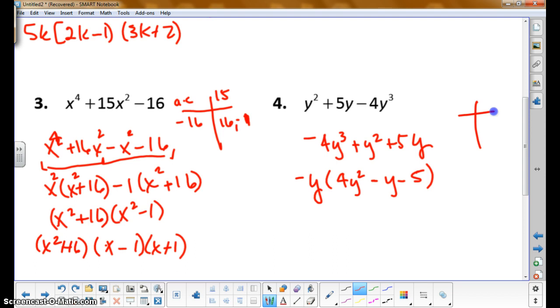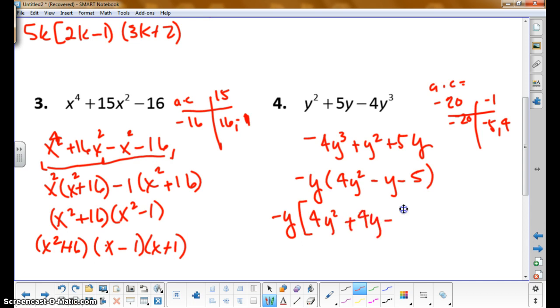So we do AC factoring again. And that's a -20 as A times C, and a -1. So I bet you that's going to give a -5 and a +4 as our factoring. The negative y, our GCF, is going to write 4y squared plus 4y minus 5y minus 5.